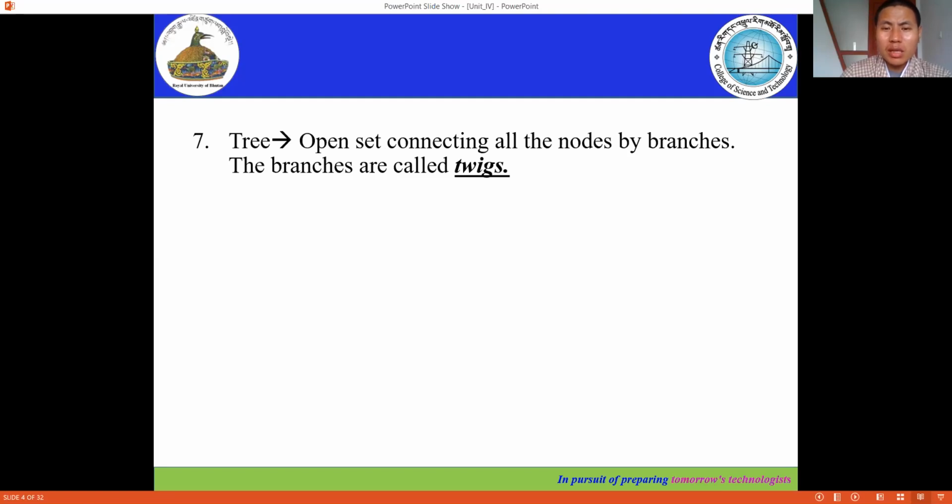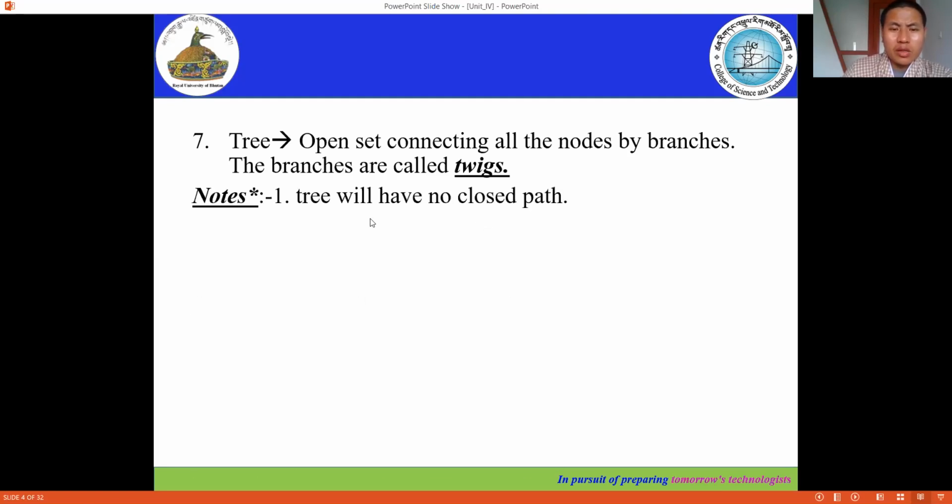For the tree, the branches which are involved in the formation of the tree are called twigs. In normal language also we say twig, right? Same here. Now how to form a tree from the graph? It's an open set, there will be no closed circuit. It's an open set connecting all the nodes by branches, and those branches, in circuit terminology, are called twigs.